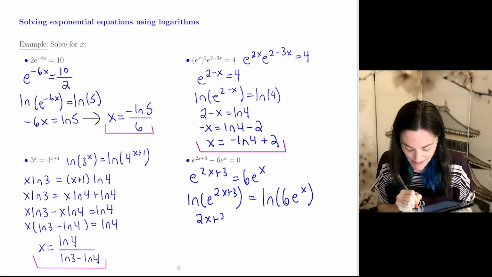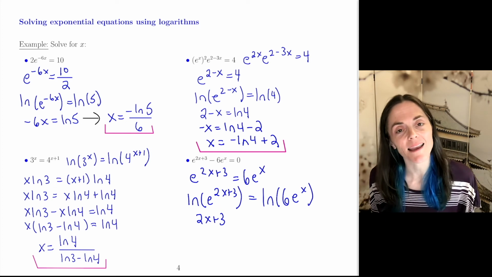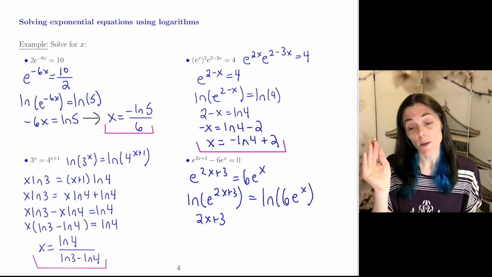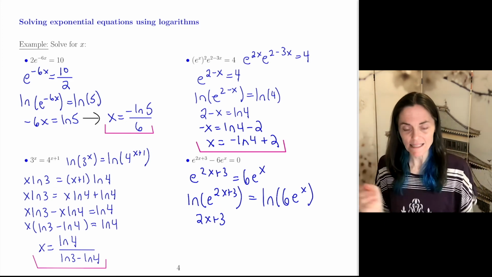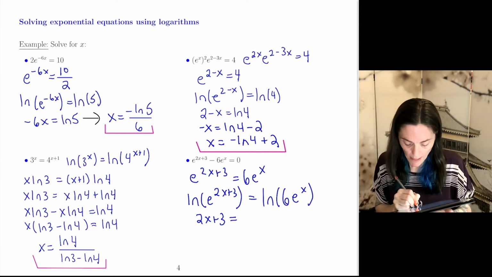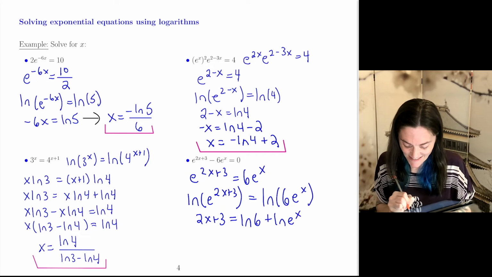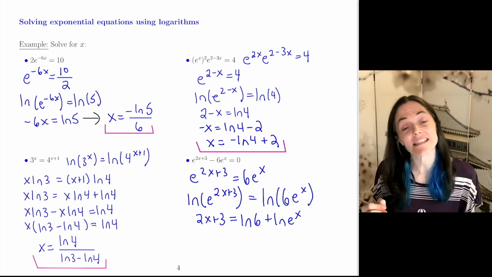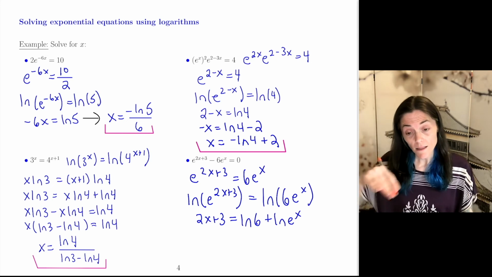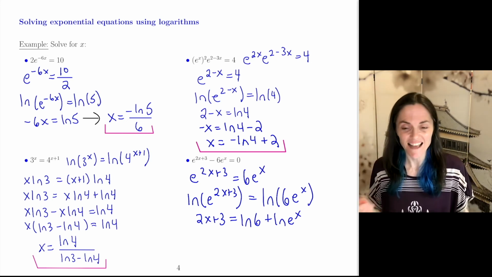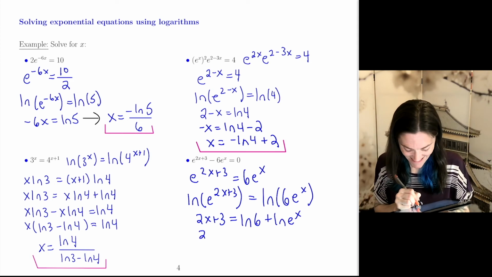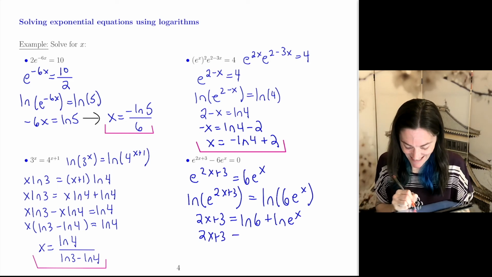We have 2x plus 3, but on the right-hand side, I'm going to use a property that says I can write this as a sum. So this would be ln 6 plus ln of e to the x. Now, you see how fantastic this is. Ln e to the x is just x. Okay, let's write that. We have 2x plus 3 equals ln 6 plus x.